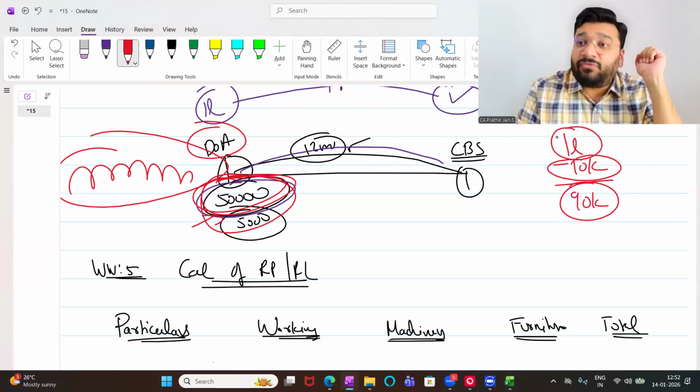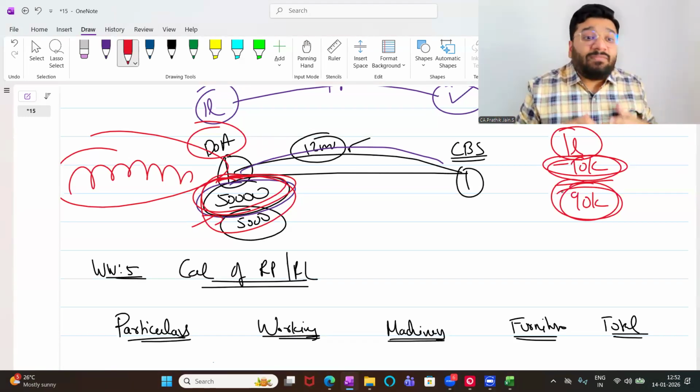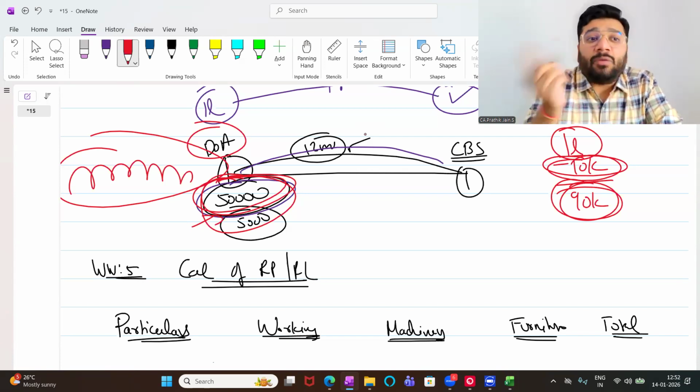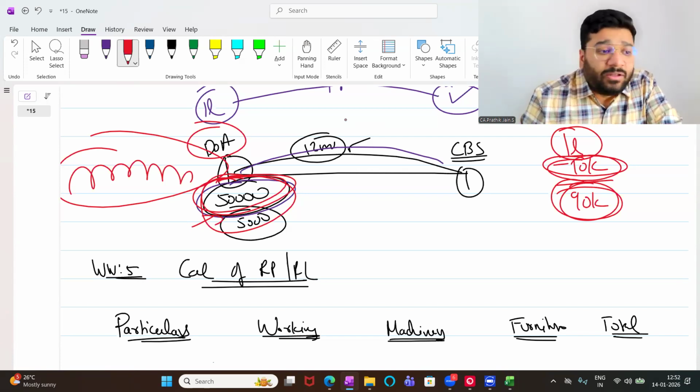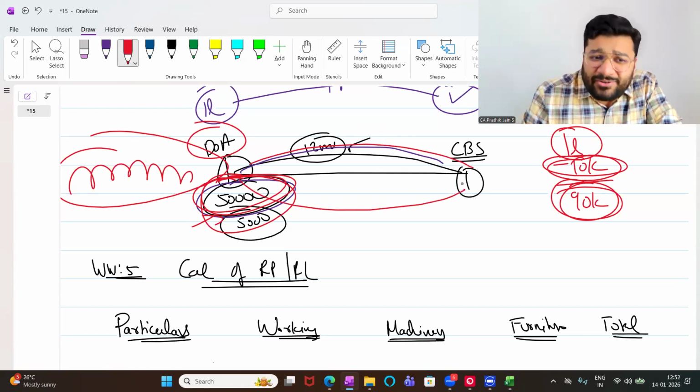So out of 1 lakh worth of machine, I used 10,000; the remaining 90,000 I have not yet used. When will I use it? In future. Got it? My simple question to you: usage of the asset happened during which period? Pre-period or post-period? Post-period. So when the usage is happening in the post-period, depreciation should come in which period? Post-period. Why the hell did you say pre-period?